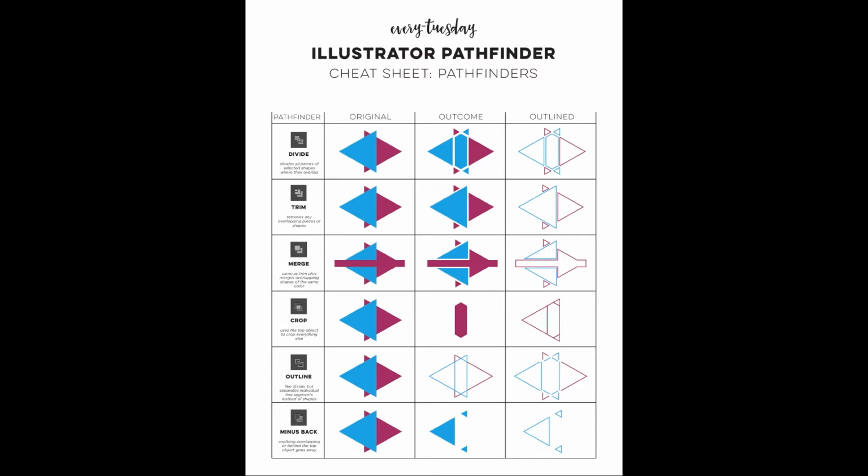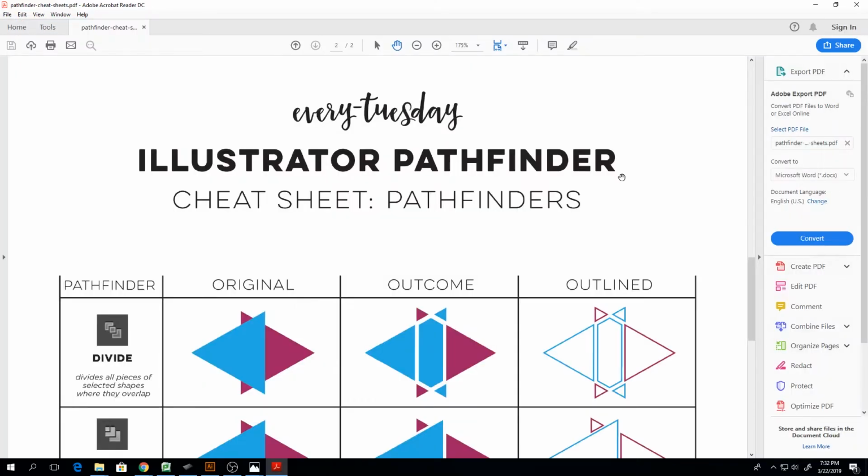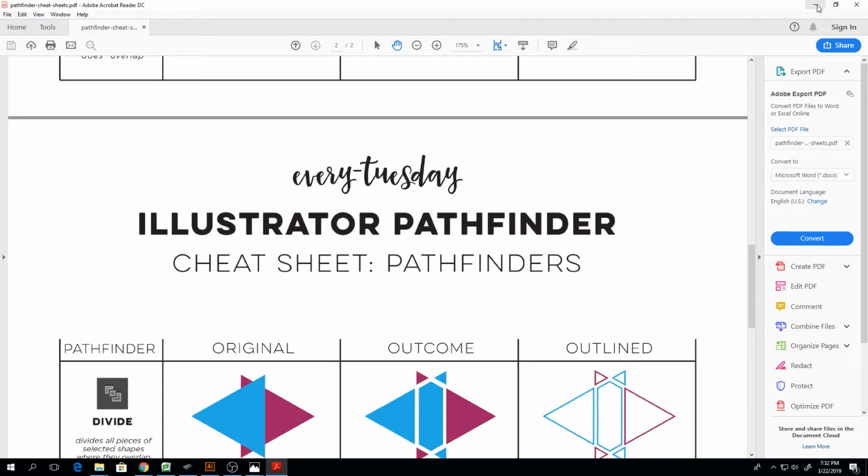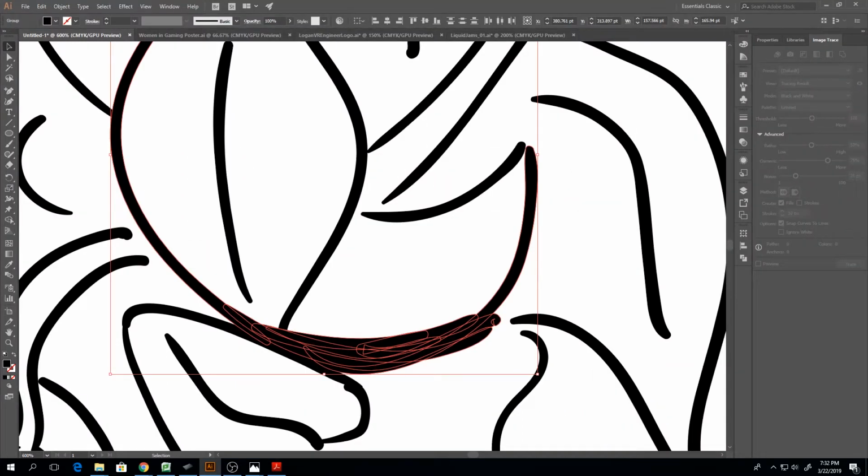So you go to everytuesday.com. You can get these and download them for free, or you look up, shoot, what is her name?